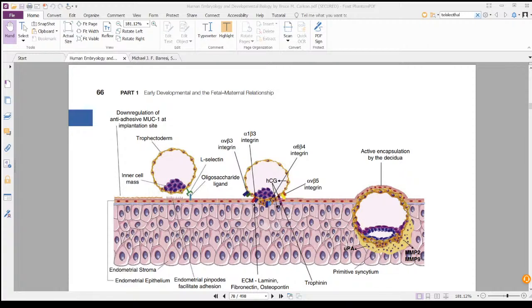The first stage in implantation comprises attachment of the expanded blastocyst to small surface projections of the endometrial epithelial cells, known as pinopodes. You can see these here, the surface projections of the epithelial cell, to which they attach in the beginning.